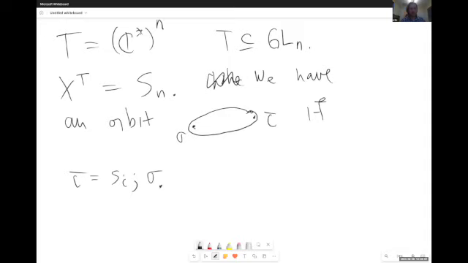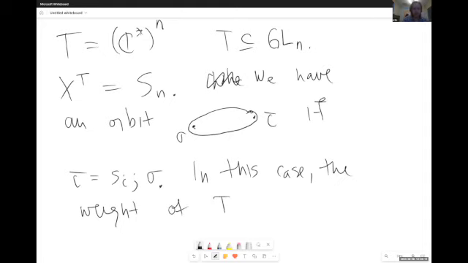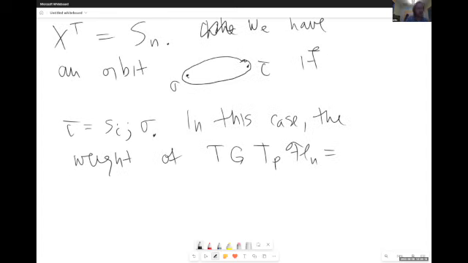And so in this case, the weight of the torus acting on the tangent space is equal to xi minus xj.